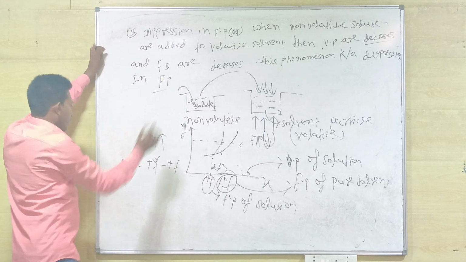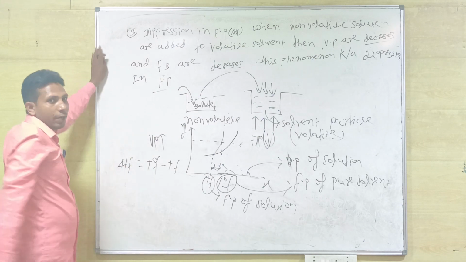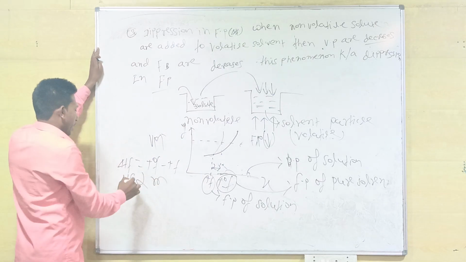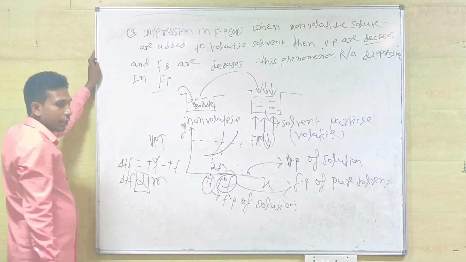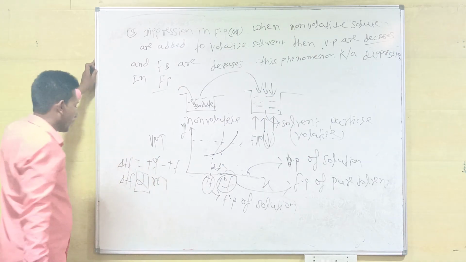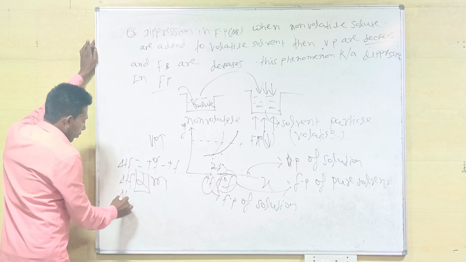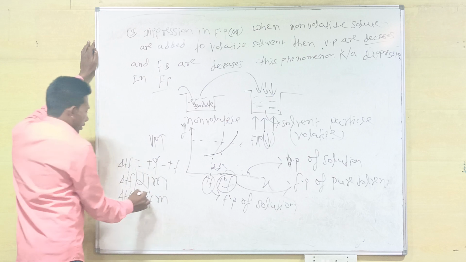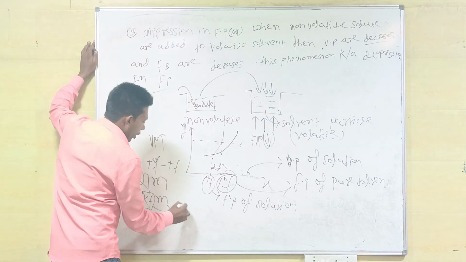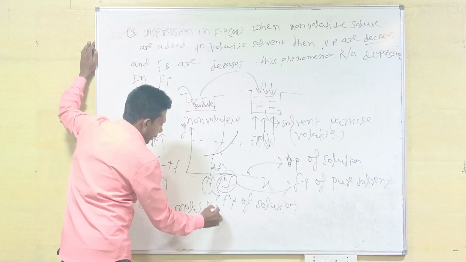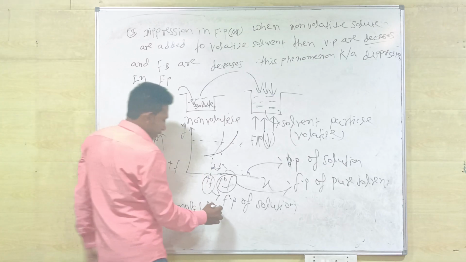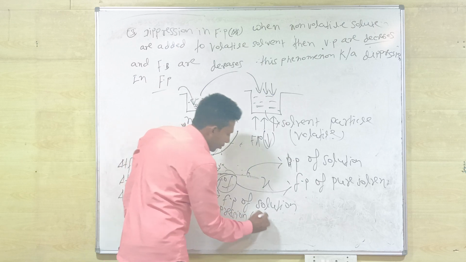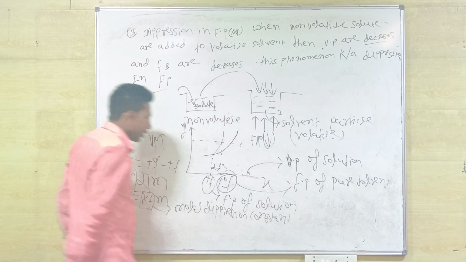Got it? And similar to elevation in boiling point, this del Tf is directly proportional to molality. If we remove the proportionality sign, there comes a constant, Kf, which is the molar depression constant.